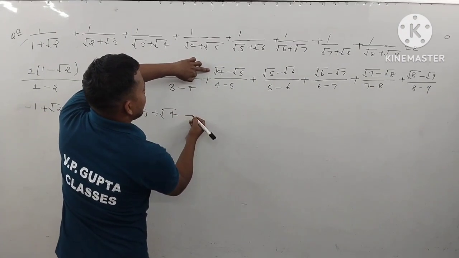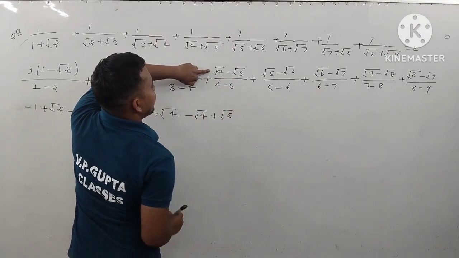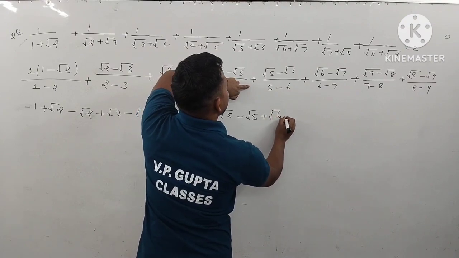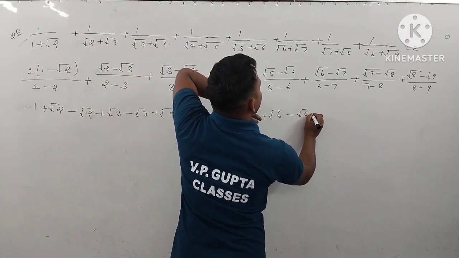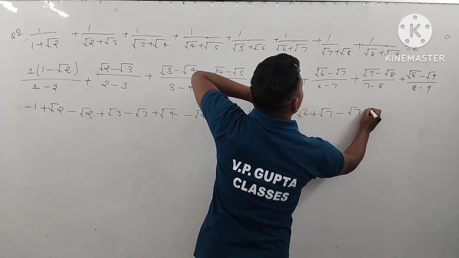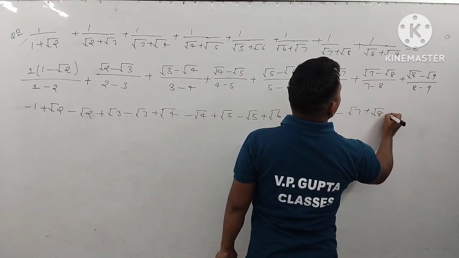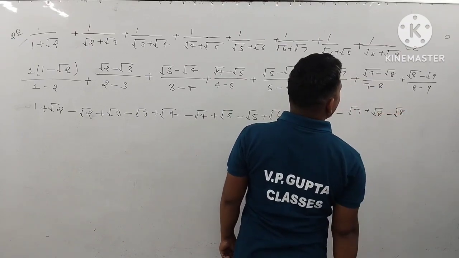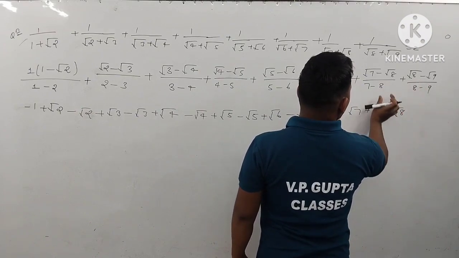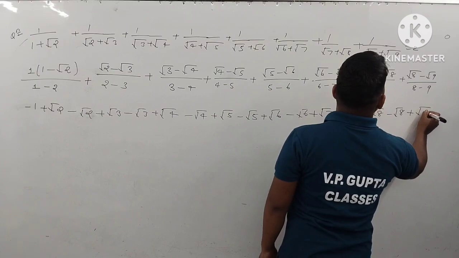This is also minus under root 4 plus under root 5, minus under root 5 plus under root 6, minus under root 6 plus under root 7, minus under root 7 plus under root 8, minus under root 8 plus under root 9.